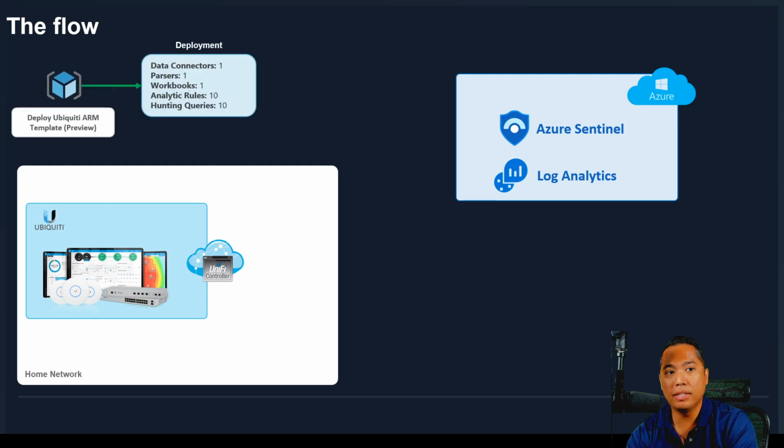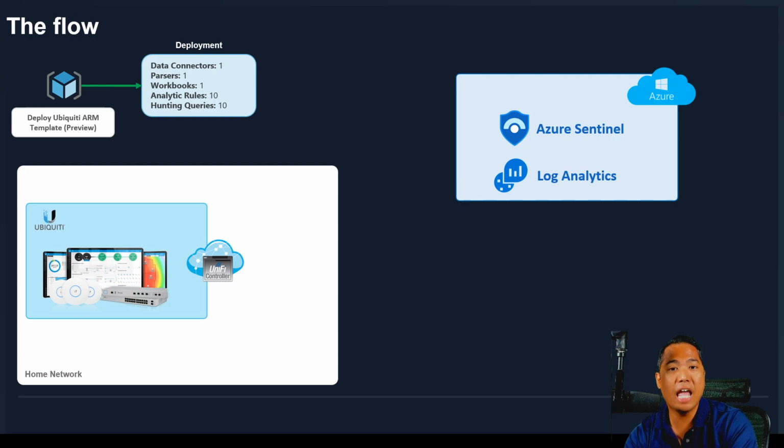When you deploy the ARM template, it's going to deploy multiple resources within the Azure Sentinel workspace. It's going to deploy a data connector, a special connector that's going to ingest those Ubiquiti logs and stick them into a Ubiquiti custom table.